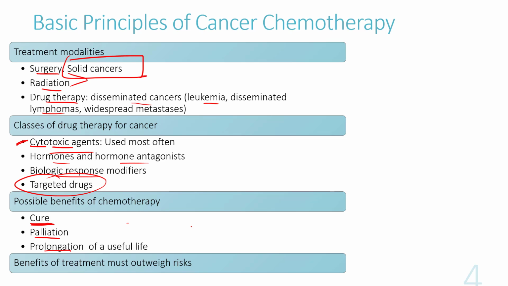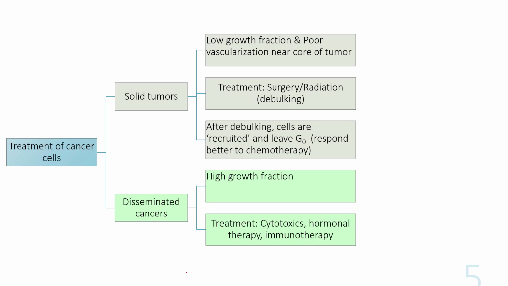Now, in all cases, the benefits of treatment must outweigh the risk, right? Because chemotherapy does have a very great risk, and so the patient has to know and agree that the chemotherapy has some benefit that outweighs the risk.